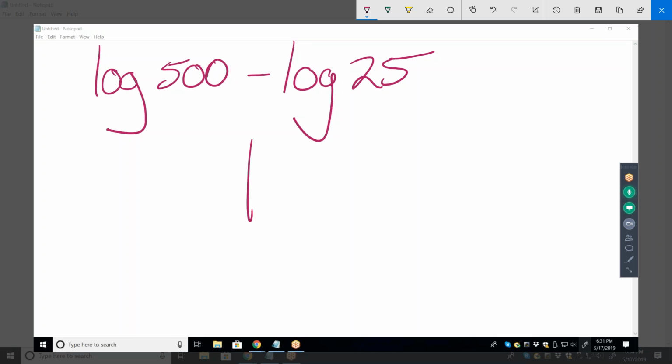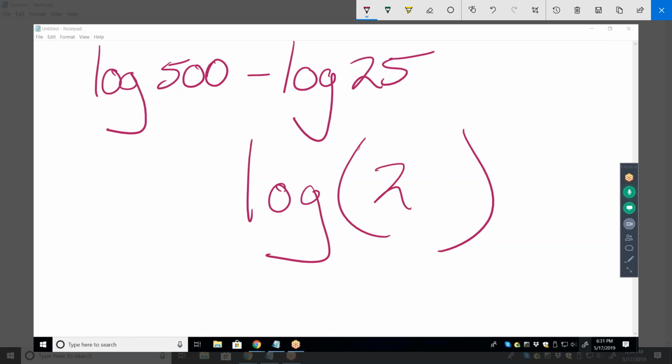So there's 2 log expressions there. We're going to condense them into one. What goes in the argument? Yep, which is 20. In other words, when you get 500 divided by 25, you want to simplify that because you can.